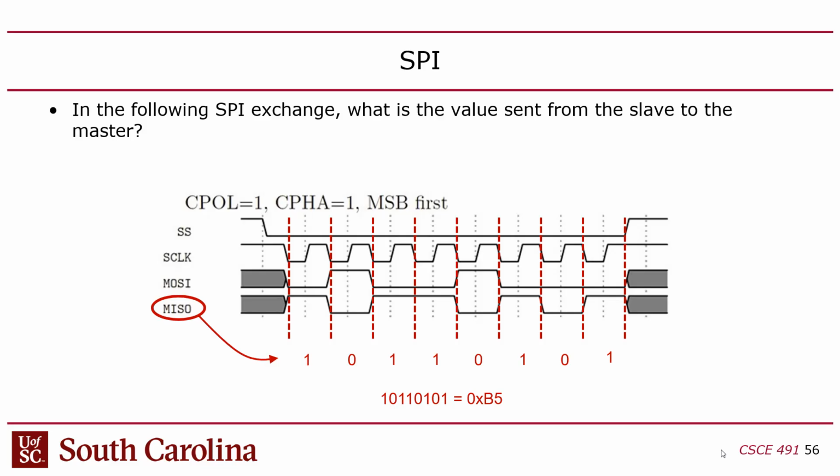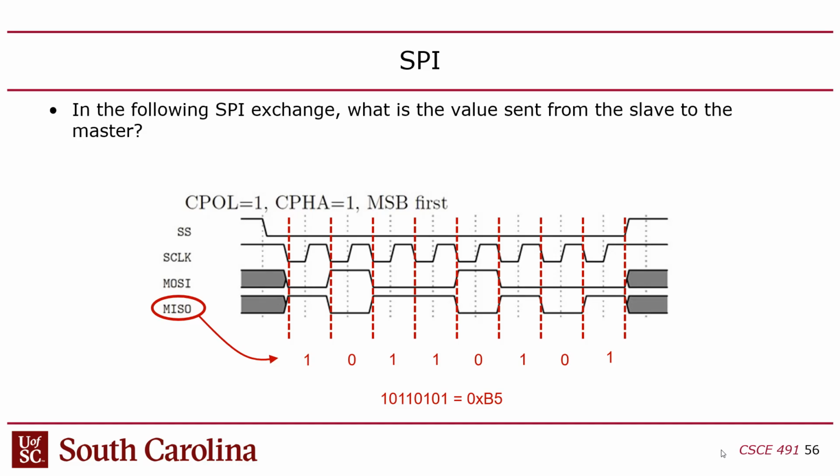I also show here that it's most significant bit first, so we're reading from bit 7 down to bit 0 from left to right. I think SPI is usually MSB first, but as I mentioned, there are no rules with SPI. There's no governing body. There's no standard for SPI. There's no IEEE SPI standard. It doesn't exist. I don't know where it came from.